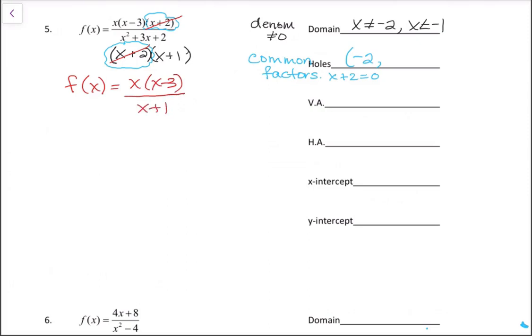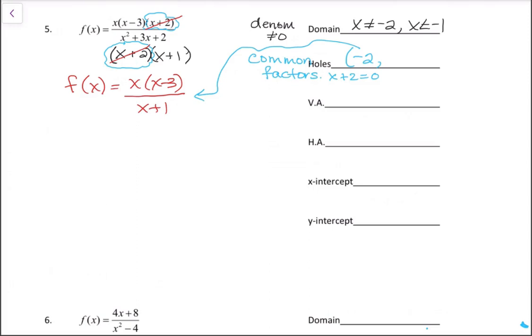So that's the form of the function that I'm going to work with now for the y value of my hole and the vertical asymptote. To find the y value of the hole, you're going to take the x value that we found, -2, and substitute it in for x into that simplified version of the function.